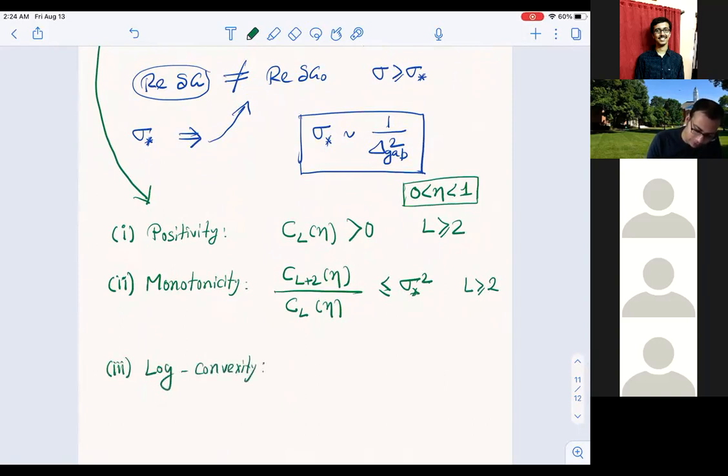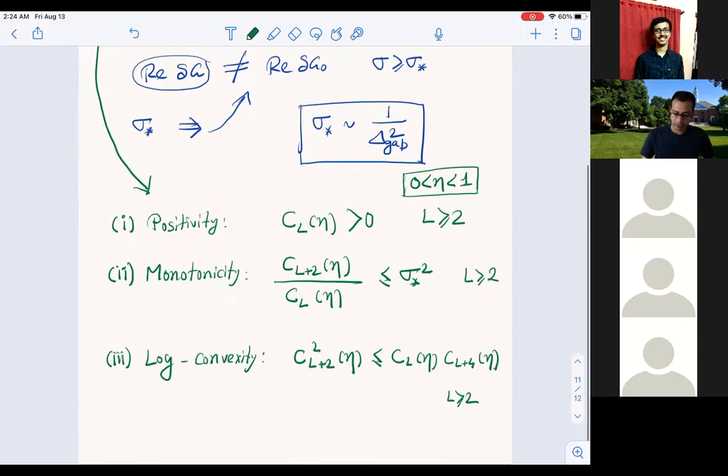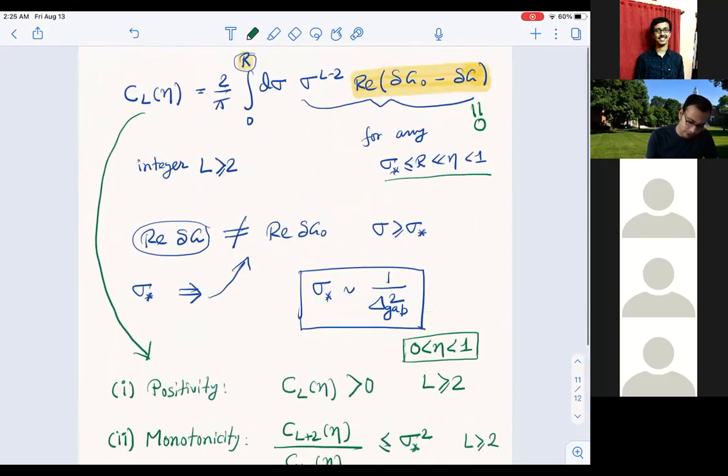The first two conditions are linear relations, but you can derive a non-linear expression. This has to be true for all integer L greater than or equal to 2. So all three follow from this relation.